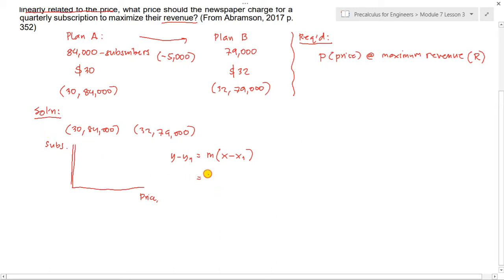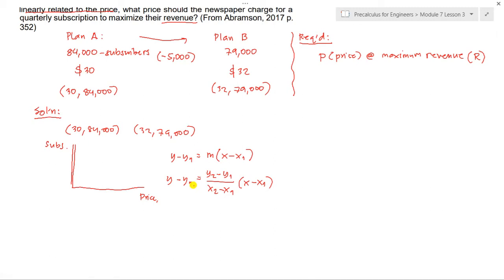That is y sub 2 minus y sub 1 all over x sub 2 minus x sub 1, multiplied by x minus x sub 1. It's up to you, class, whichever of them you choose as the first point or the second point. So here let's say this is our first point and this is our second point.